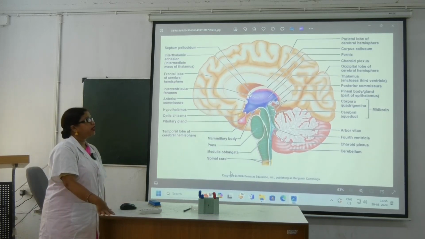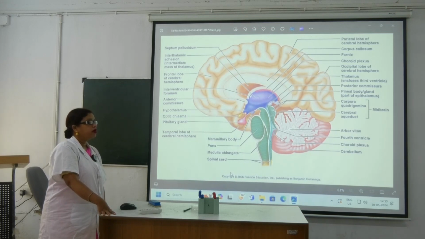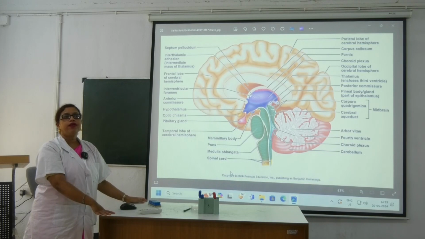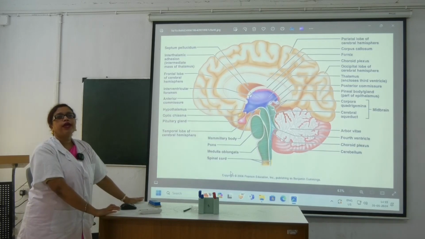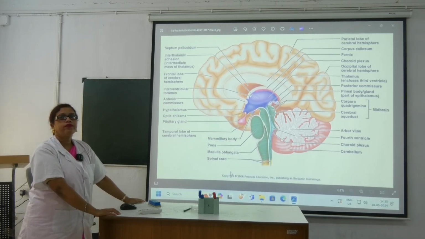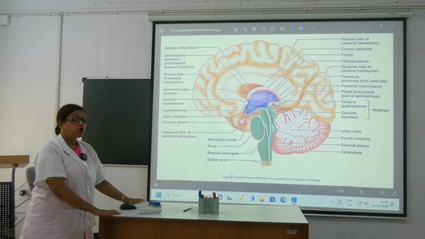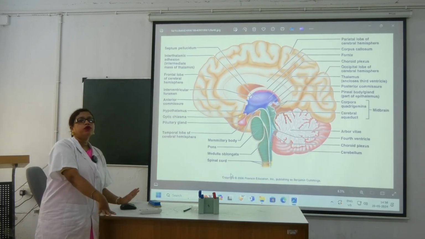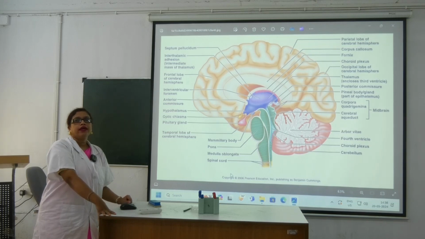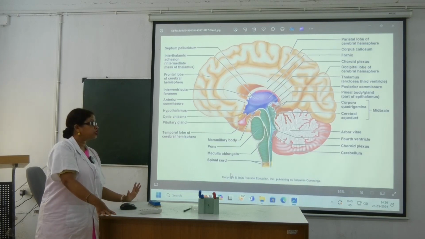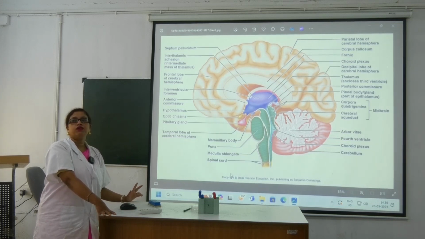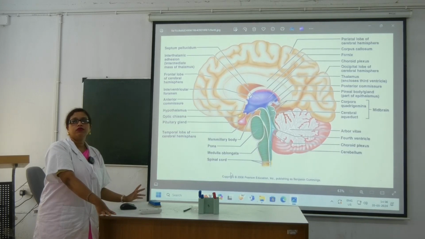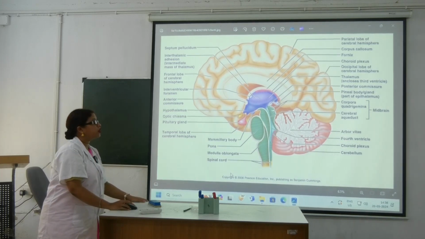So if you see the cerebellum, it consists of outside grey matter and inside white matter. The grey matter of cerebellum is thrown into numerous leaf-like projections, which are known as folia. ঠিক আছে? অনেকগুলো folia দেখতে পাচ্ছেন.